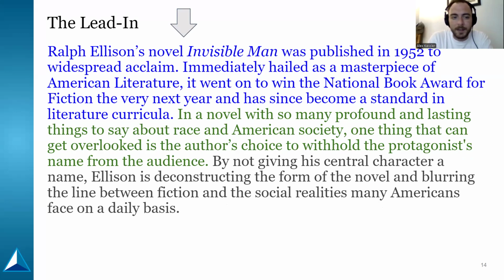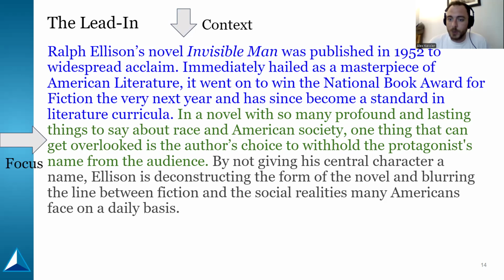Immediately hailed as a masterpiece of American literature, it went on to win the National Book Award for Fiction the very next year and has since become a standard in literature curricula. So setting the scene here, just giving basic information about how this book came out and how it was received when it came out.